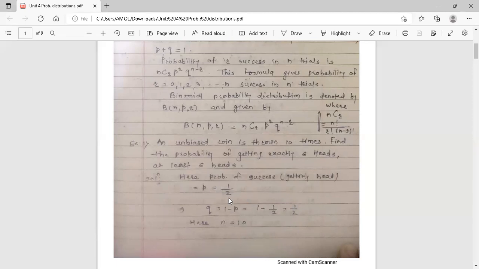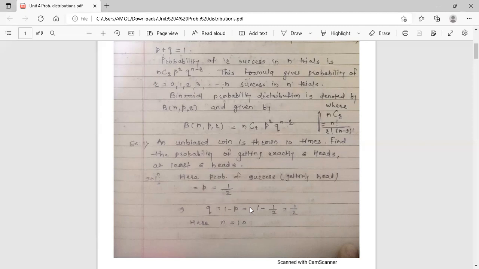So probability is equal to 1 by 2. The probability of getting success, meaning getting head when the coin is tossed in air, is equal to 1 by 2. This is the standard probability of tossing the coin in air. Now you can find the probability of failure, meaning not getting head.